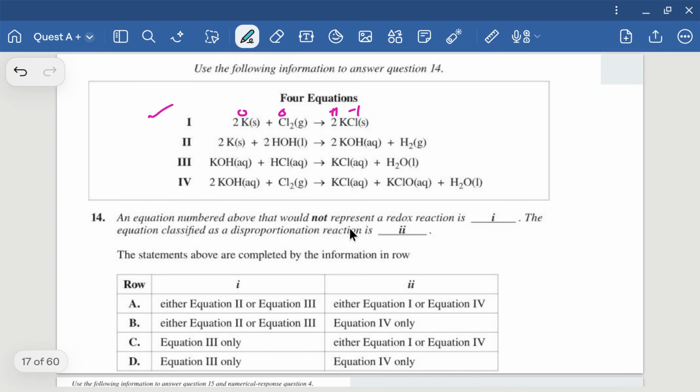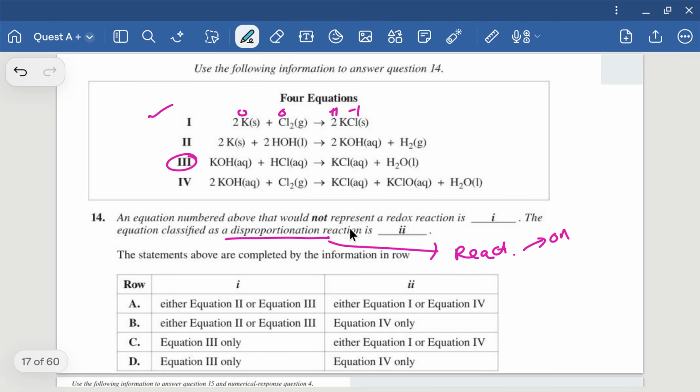I think the only one that doesn't work out, and I'll skip ahead to save time, is number 3. If you assign your oxidation numbers, nothing is changing here. There's no change.